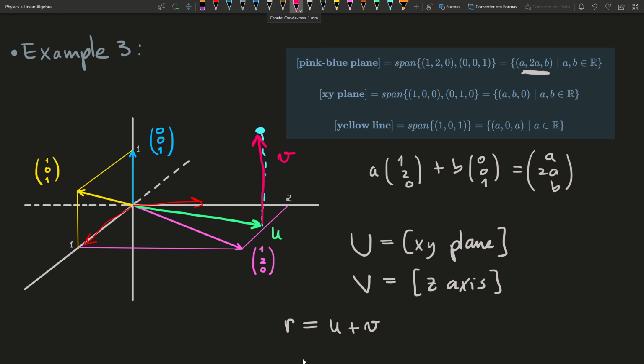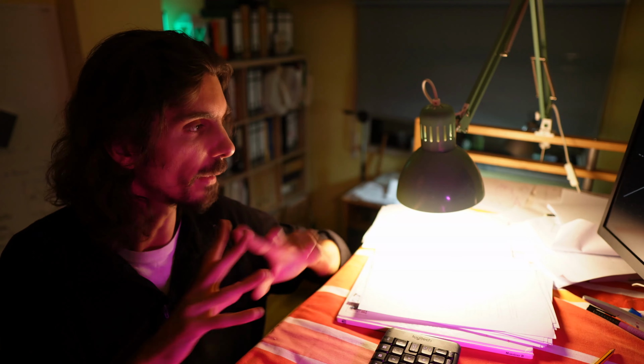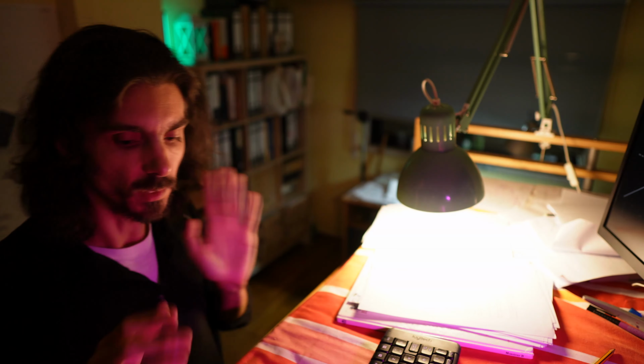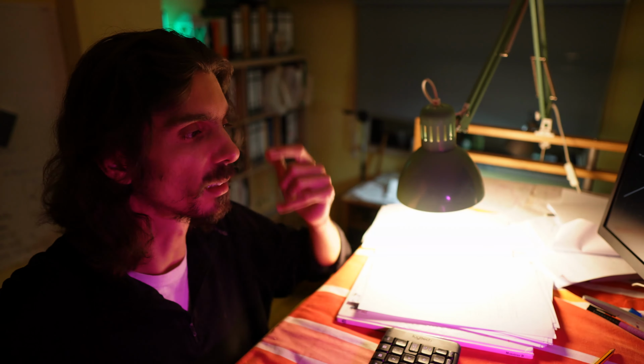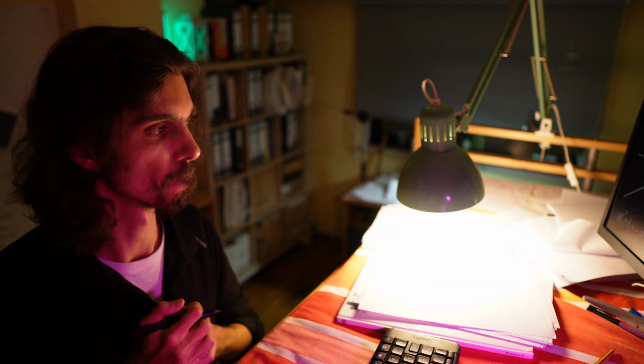So this is V. Any point that you choose is like a spaceship: you move horizontally and then you shoot up. Any point works. This is a very important observation because it tells us that the elements of R3 are always of the form u plus v, where u belongs to U and v belongs to the vector space V.